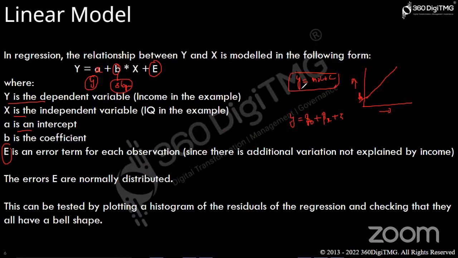If I have some data, this is my data, and this is my line, drawing a line here. So what is the difference between the original actual value and my predicted value? These are the different values we have.